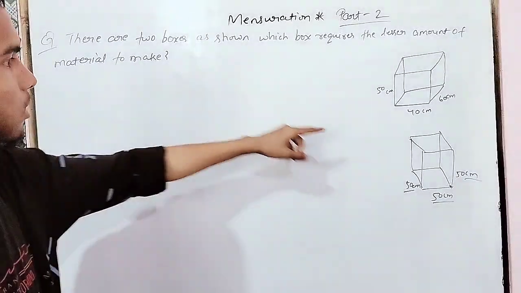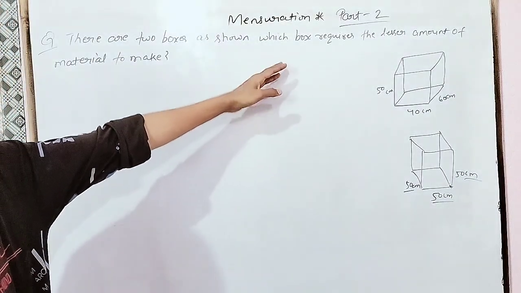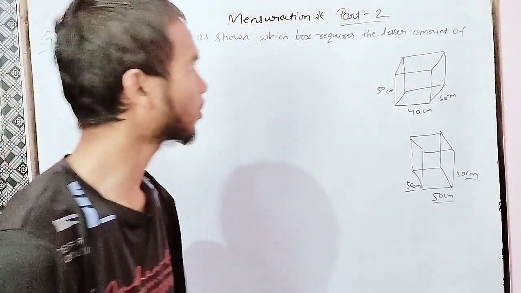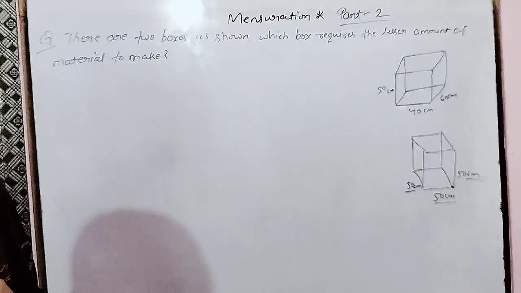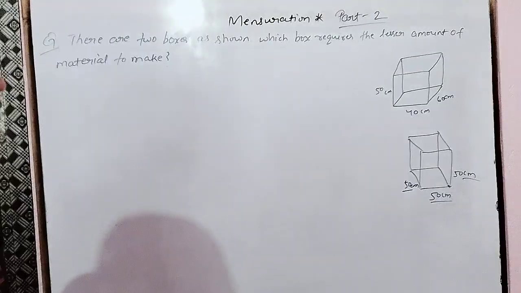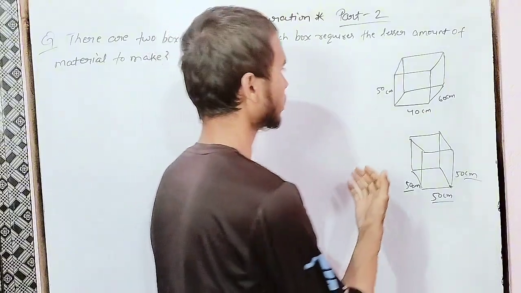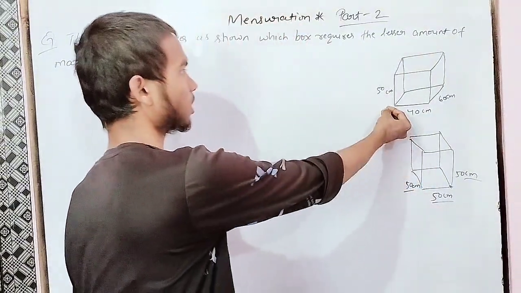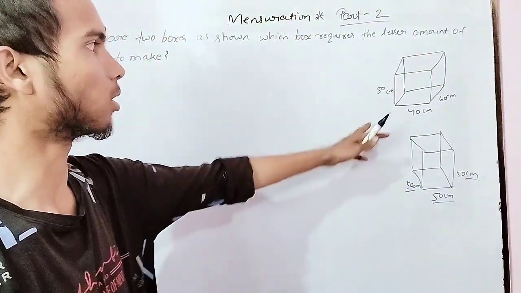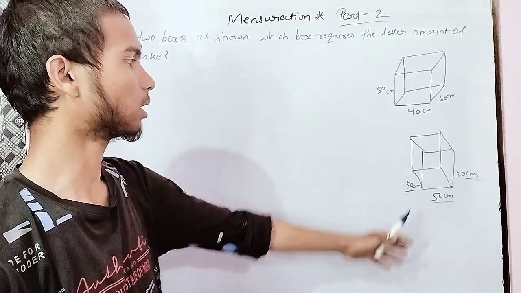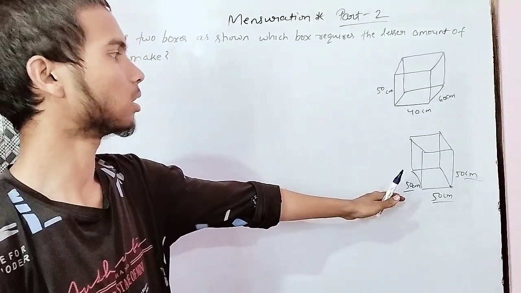There are two boxes as shown below. Which box requires the lesser amount of material to make it? So here we need to find the surface area. First step is to find the total surface area of this cuboid. This is a cuboid, and this is a wood cube.